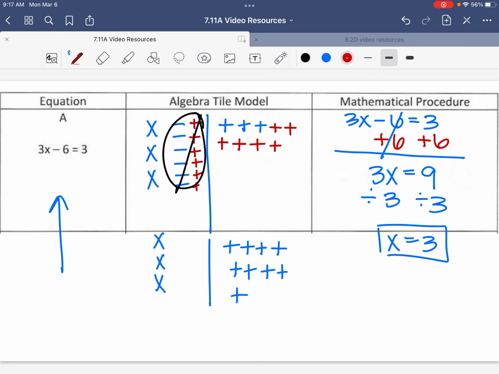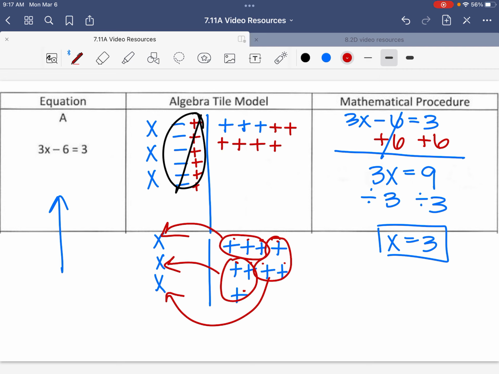So I see 1, 2, 3, 4, 5, 6, 7, 8, 9. So each one will get 3. So then final thing, we know that 1x is equal to 3 positives, which matches what I got with my algebraic process.